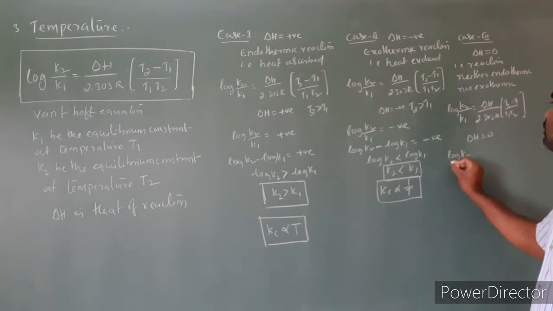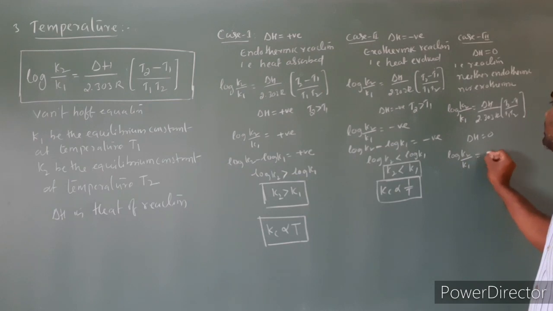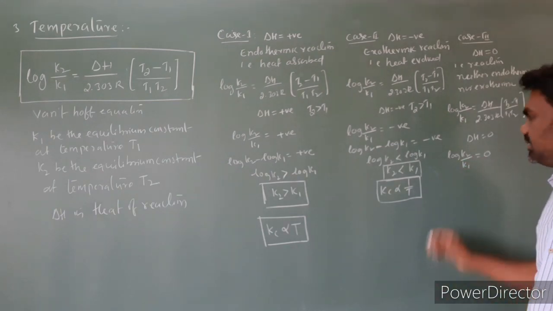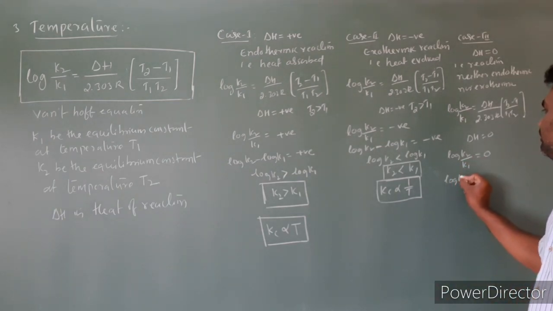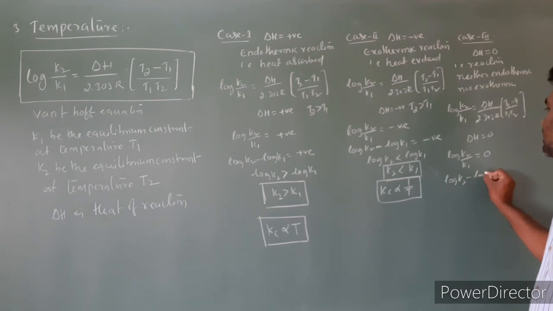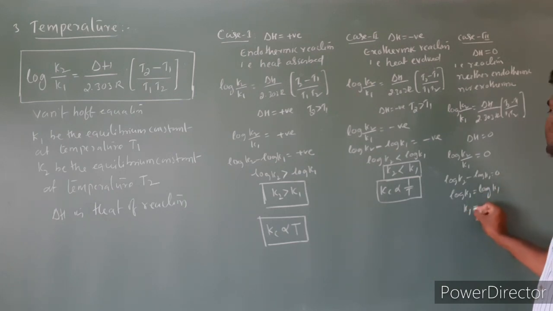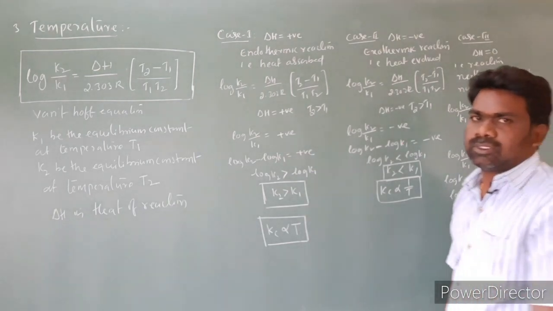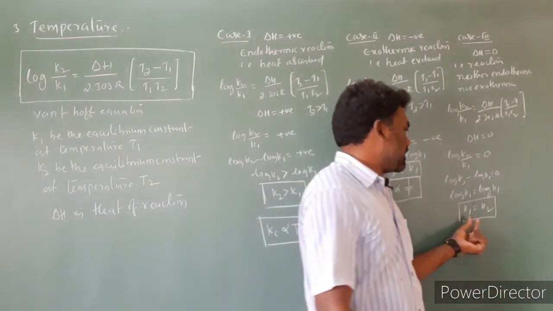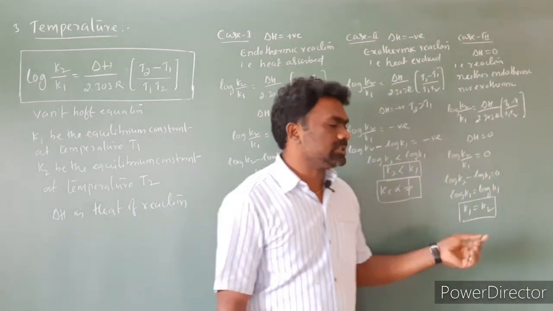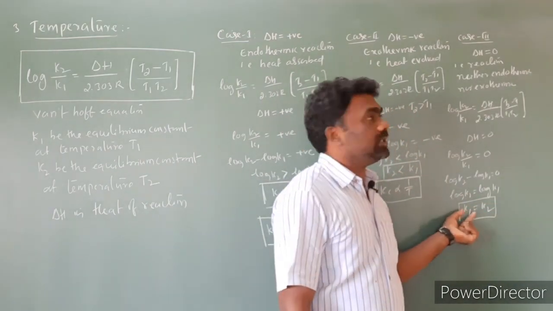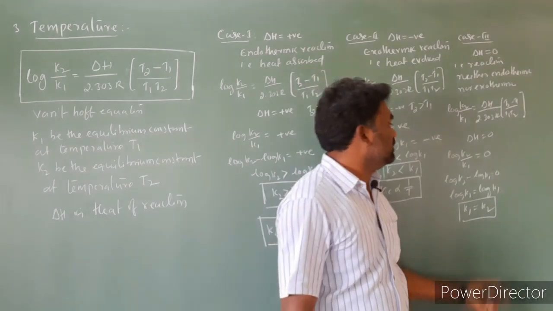Then log K2 by K1 is equal to 0, then log K2 minus log K1 is equal to 0. Then log K2 is equal to log K1, that means K1 is equal to K2. So at any temperature K1 is equal to K2. Temperature increases, there is no change in the equilibrium constant in the case of delta H equal to 0.